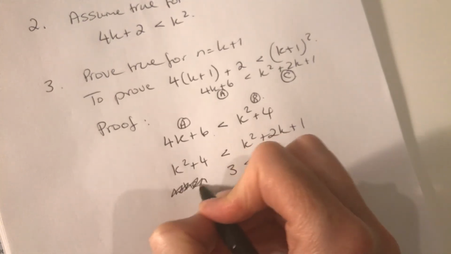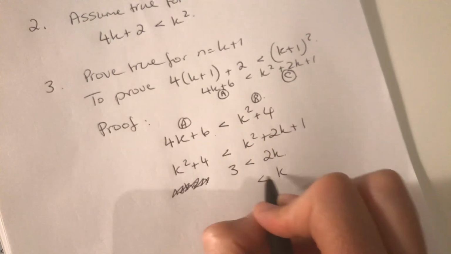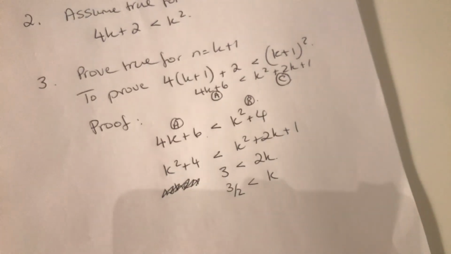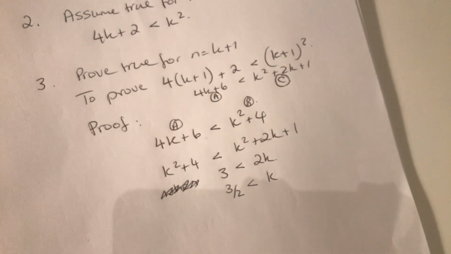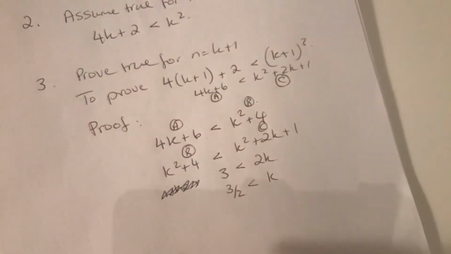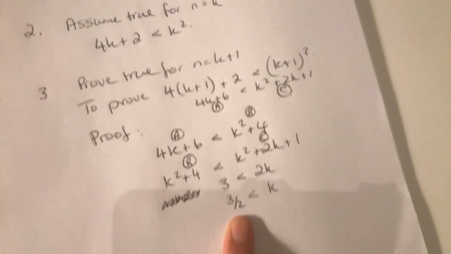K is greater than 1.5, or 3 over 2. So this B is less than C when K is greater than 1.5.